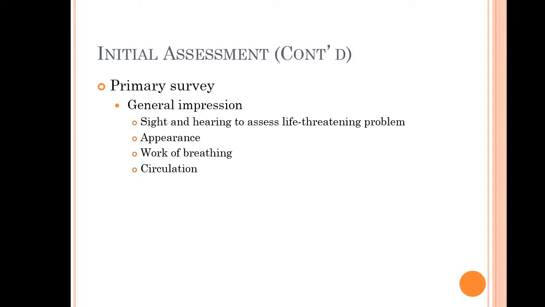So on the general impression in the primary survey, make sure we're asking about those life threats and see what their appearance is like. Not just normal skin stuff and things like that, but does it seem like they're working hard to breathe? And what's their position?